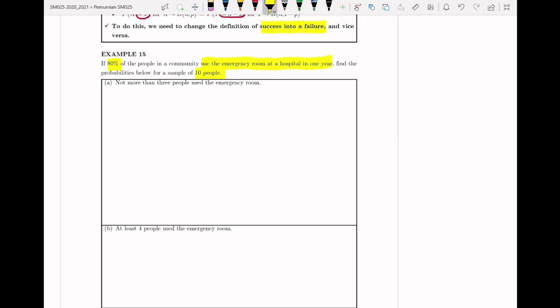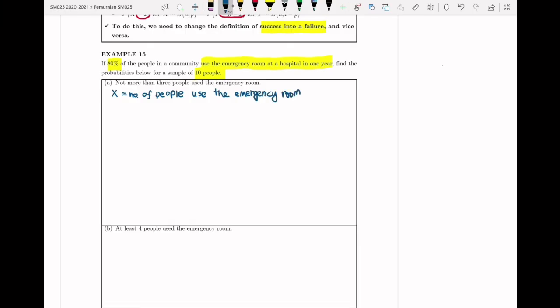Before we solve this question, first let us define X. X is the number of people in the community who use the emergency room.